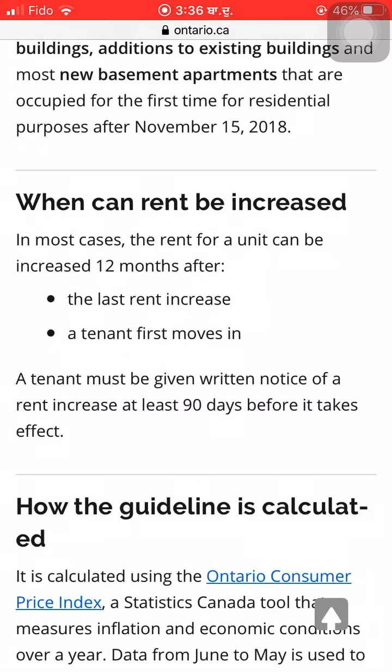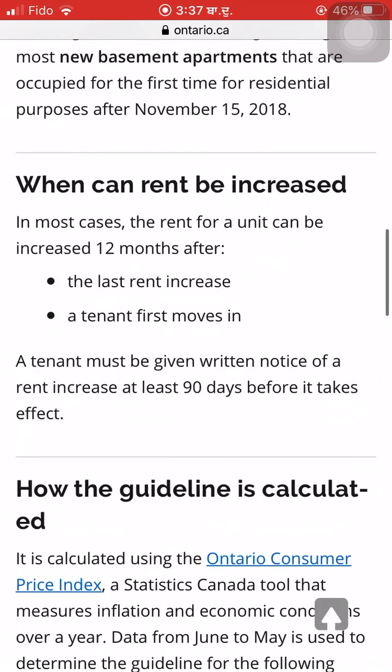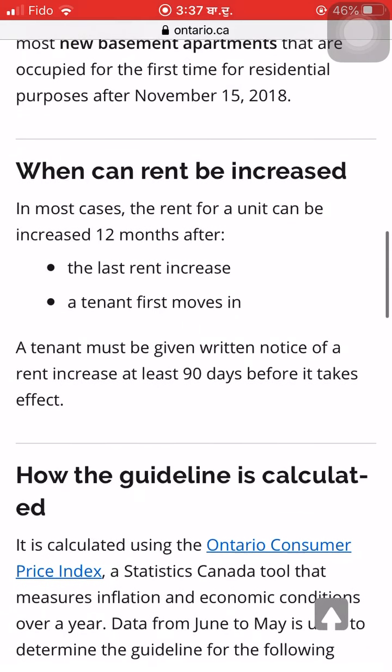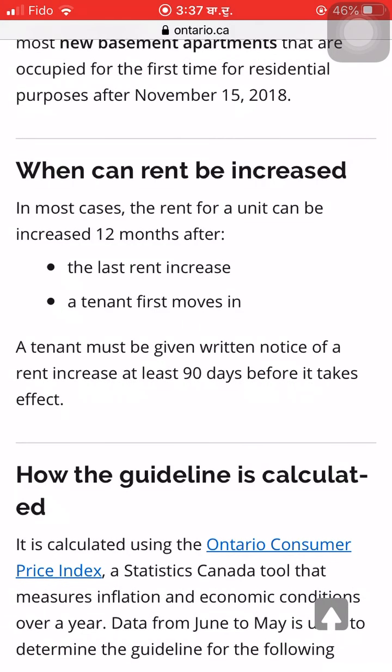If your last rent increase was on 1st January 2019, your next rent can be increased on 1st January 2020. For a tenant who first moves in, the landlord can set any amount he wants, it's his wish.